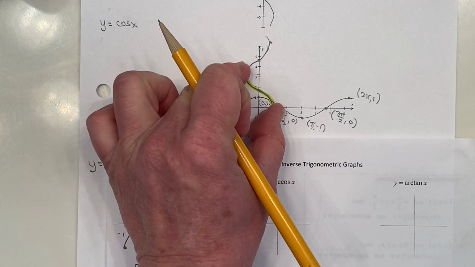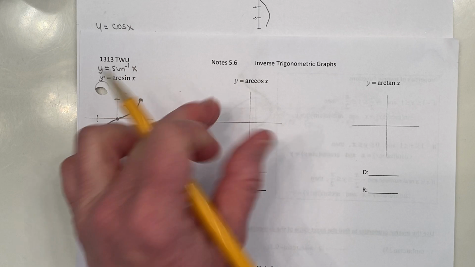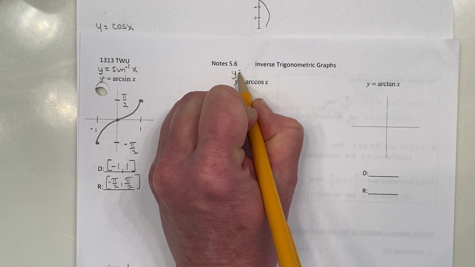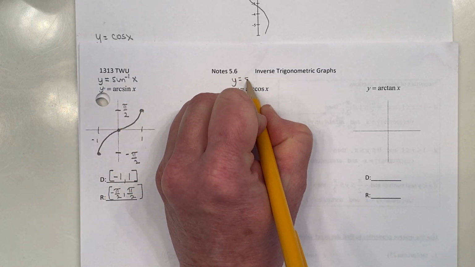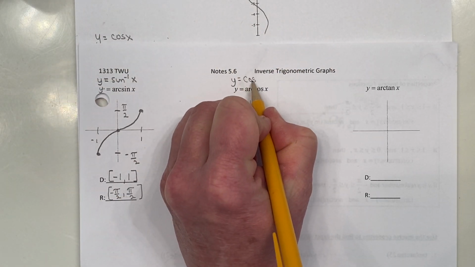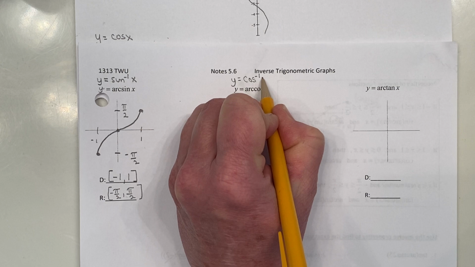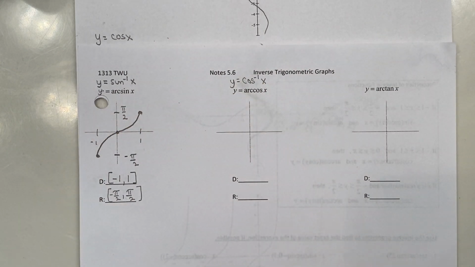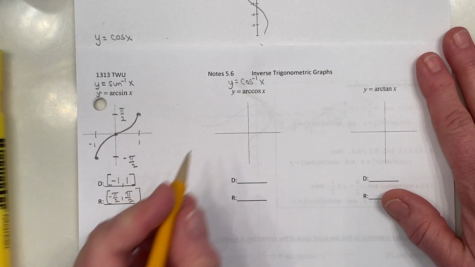So let's repeat this part of the graph over here. Again, we can call the inverse cosine graph y equals inverse cosine, using that little -1 notation. Or sometimes we just write y equals arc cosine. Those mean the same thing.